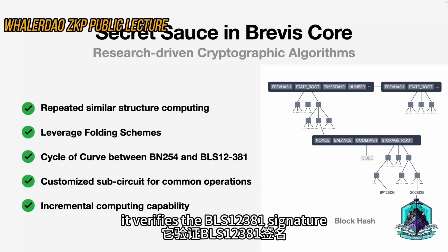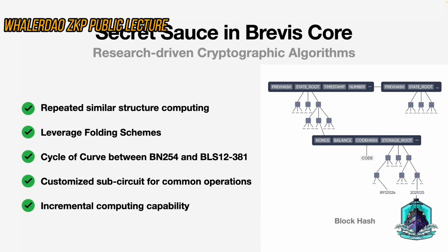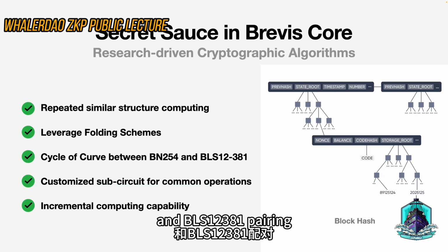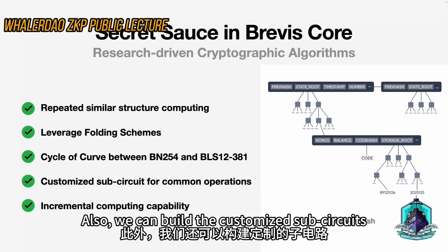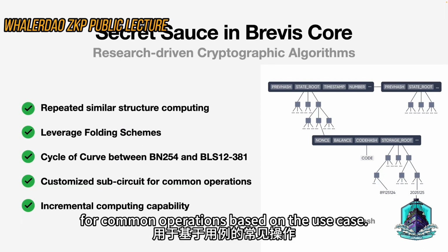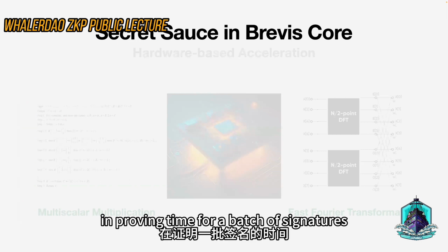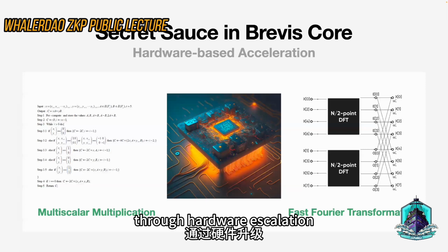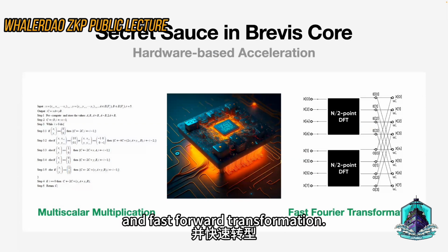More specifically, it verifies the BLS12-381 signature involving hash-to-curve calculations and BLS12-381 pairing over the BN254 scalar field. Also, we can build customized sub-circuits for common operations based on the use case. We are also now working on improvements in proving time for a batch of signatures through hardware acceleration, to accelerate the multiscalar multiplication and fast Fourier transformation.